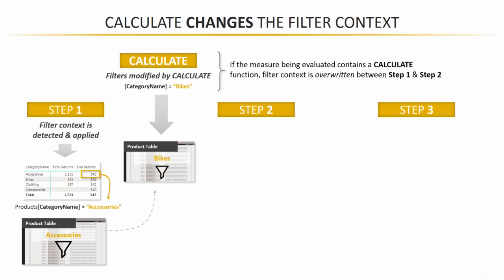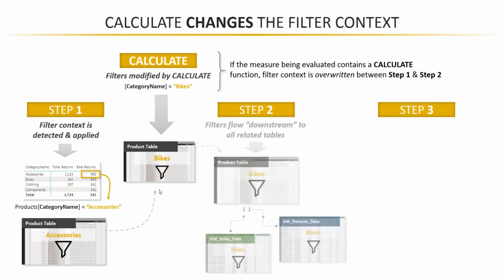So what's happening is that even though we originally filtered down that product table to accessories, between step 1 and 2, the calculate function butts in and says, nope, we're actually going to filter based on category name equals bikes. And then that new filter context passes over to step 2, and the process continues as it normally would.